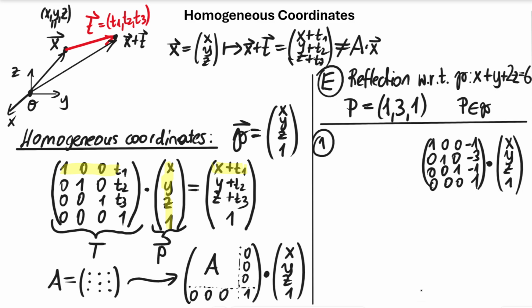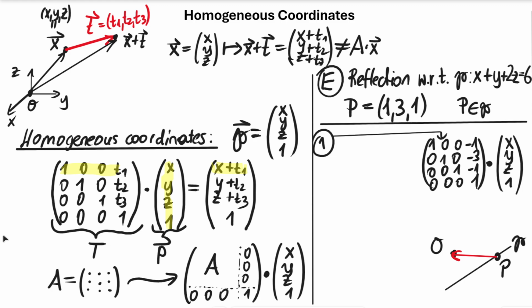So let me make a very quick sketch from the side. So here there is a plane from the side. Here is the origin, and the point P lies on the plane, and we now shift it in this direction. This is what's happening. So this was our first step: translate the plane to the origin.